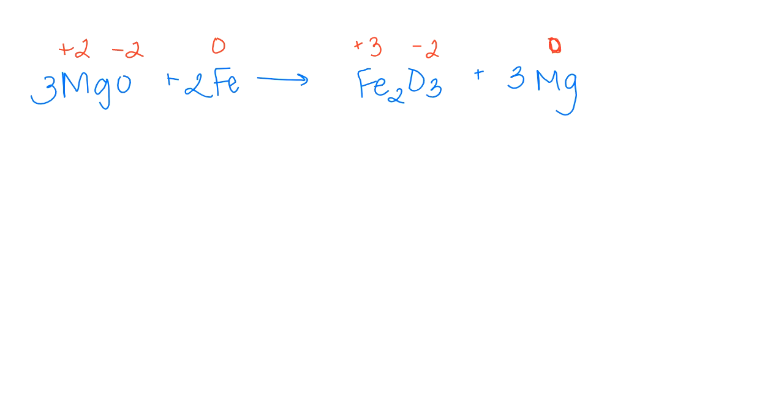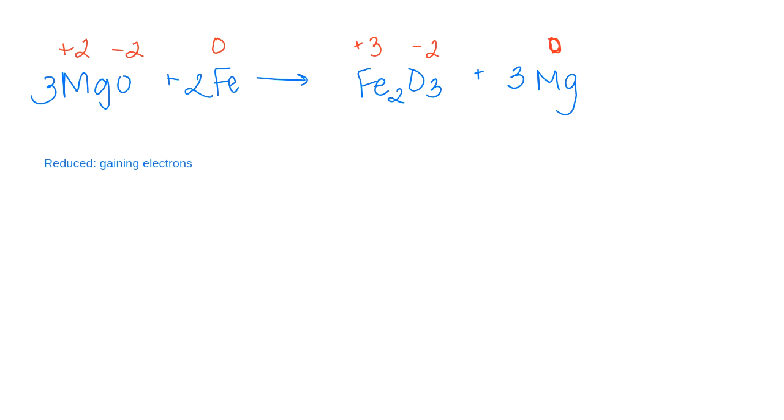So now we have all of our oxidation states, and we need to figure out what's being oxidized and what's being reduced. So let's try and remember what those terms even mean. In order for something to be reduced, it is gaining electrons. And as such, we expect its oxidation state to decrease as we go from the left side of the chemical equation to the right side.